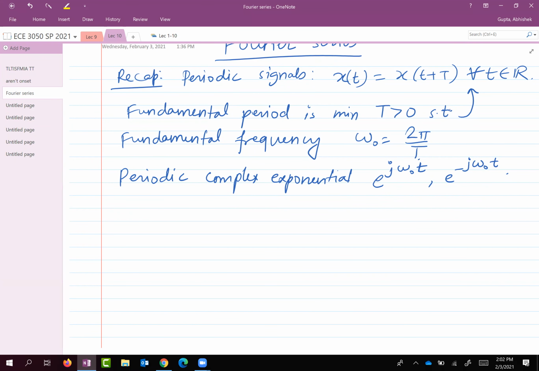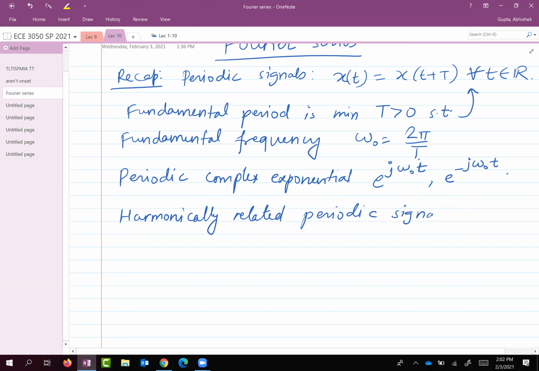The next thing that we had talked about was harmonically related periodic signals.